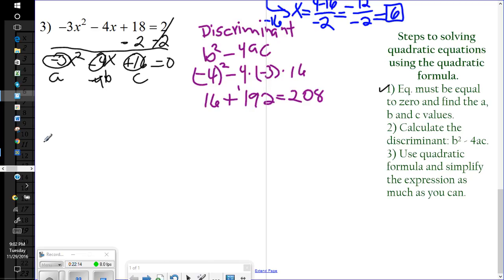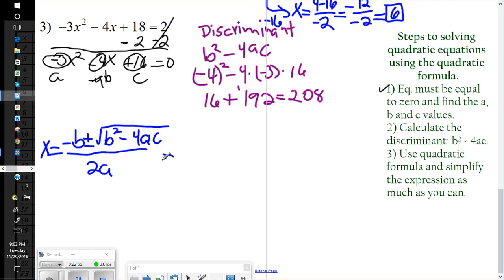So I'm going to write x is equal to negative b plus or minus the square root of b squared minus 4ac. I'm sorry, there shouldn't be any capital letters, so it should be b squared minus 4ac. Earlier I was using capital A, but it should be lowercase. All divided by 2a.